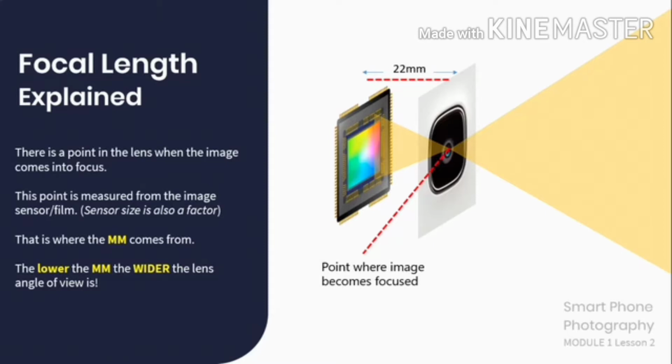So it's an equivalency. The main takeaway, because I know it's a bit more difficult to understand, is that the lower the millimeter, the wider the lens and the angle of view is. A 10 millimeter lens is going to be much, much wider than a 100 millimeter lens. So the lower the millimeters, the wider the lens; the higher the millimeters, the more zoomed in the lens is going to be.